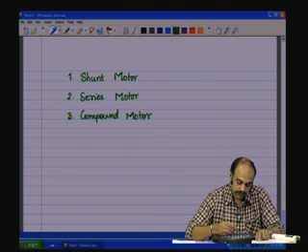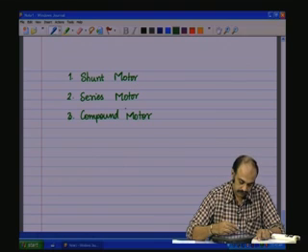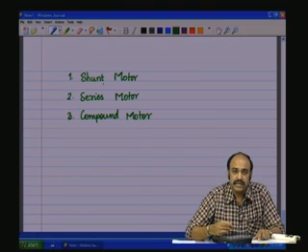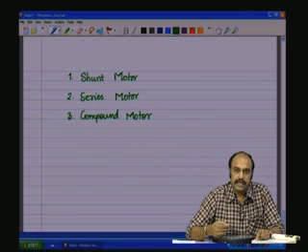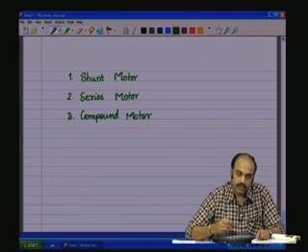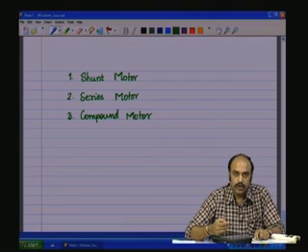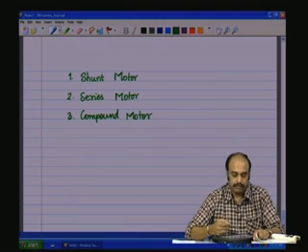Each type of this motor classification, the name in itself indicates the type of excitation that you would give to generate the flux. So, in the shunt motor, the field coil is connected in shunt across the applied voltage.